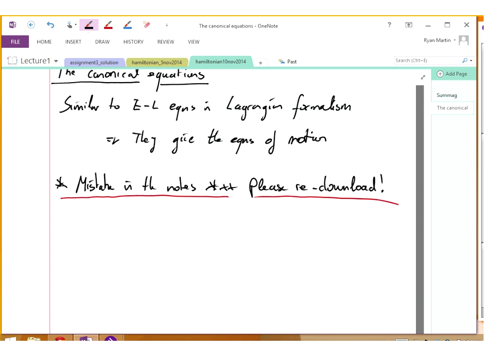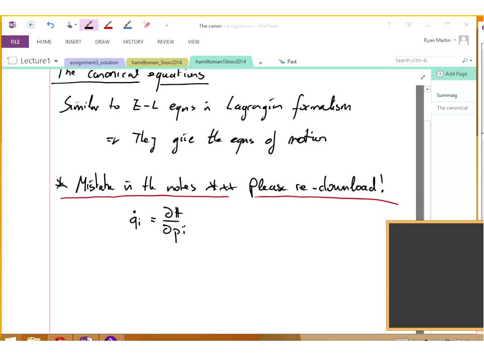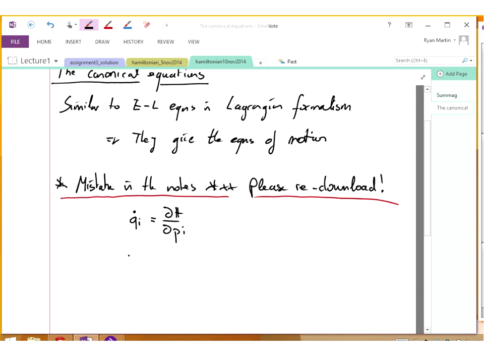So the transformation equations, we had that q_i dot is given by ∂H/∂p_i, right? And then we had that p_i is equal to ∂L/∂q_i dot.